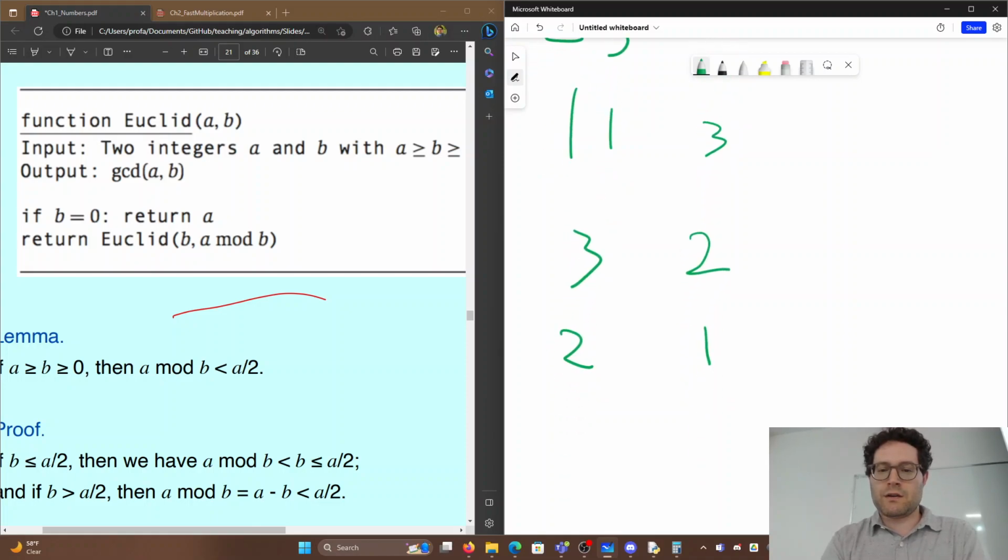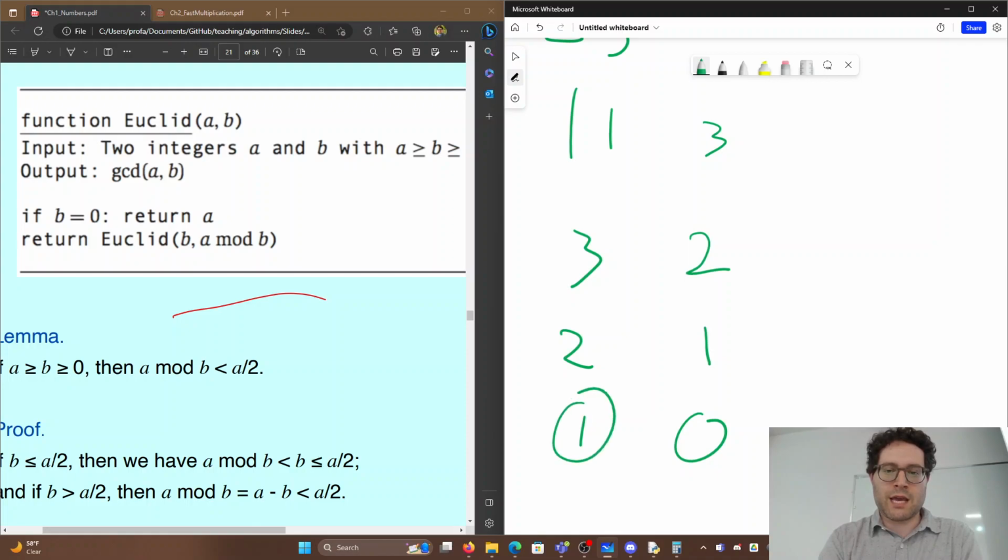And now we've got 2 mod 1. So put 1 over here, and then we do 2 mod 1, which is 0, because anything mod 1 would be 0. So now, if B is equal to 0, return A. Okay?